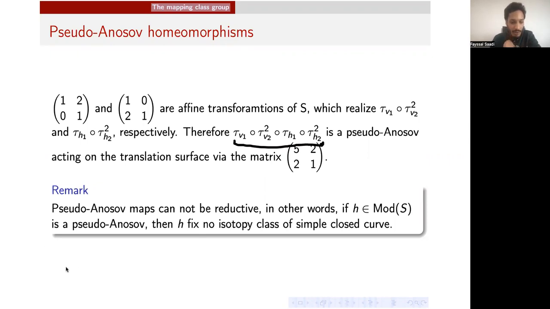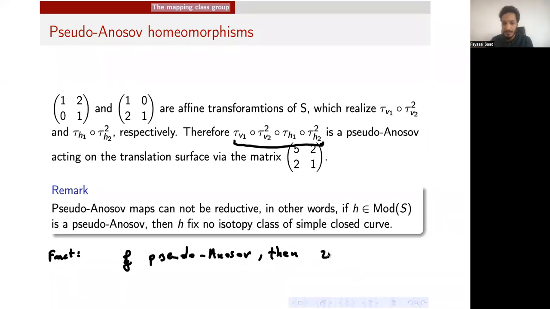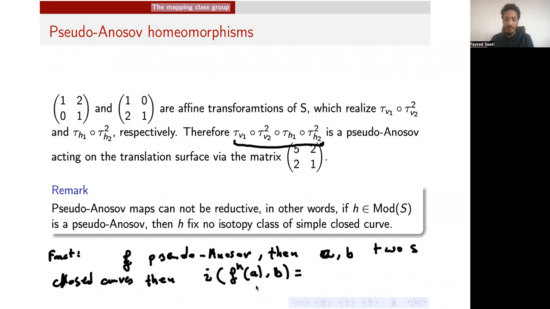Because we can use the following fact: if you take f a pseudo-Anosov, and a and b two simple closed curves, then the geometric intersection number of f^n applied to a and b, taken to the power 1/n, converges to lambda, where lambda is the expanding factor of the hyperbolic matrix associated to the pseudo-Anosov element. That means that it cannot fix a simple closed curve.